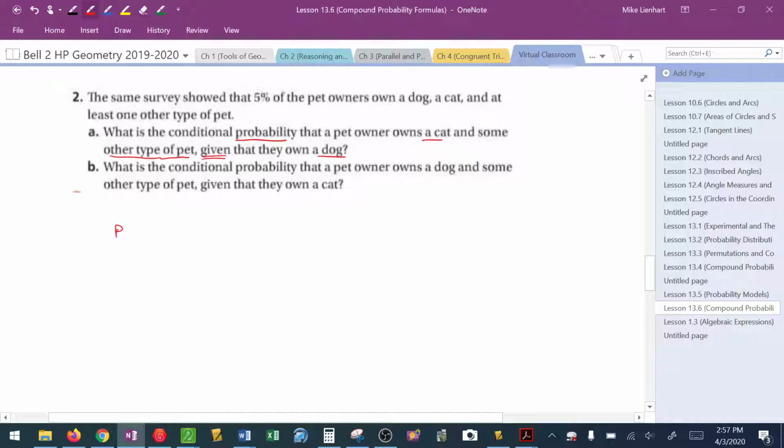So this is the probability of a cat plus another pet given that they own a dog. This is saying a cat, another pet, and a dog would be success. That's 5%.